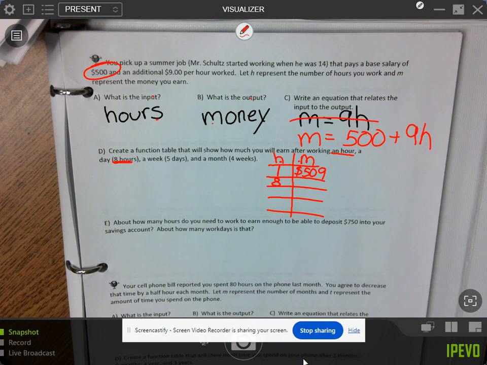This is for everyone, and we all need to be writing this. If we put in 8 for our hours, what's 8 times 9? 72 plus 500. Grayson? Plus 500. 572.